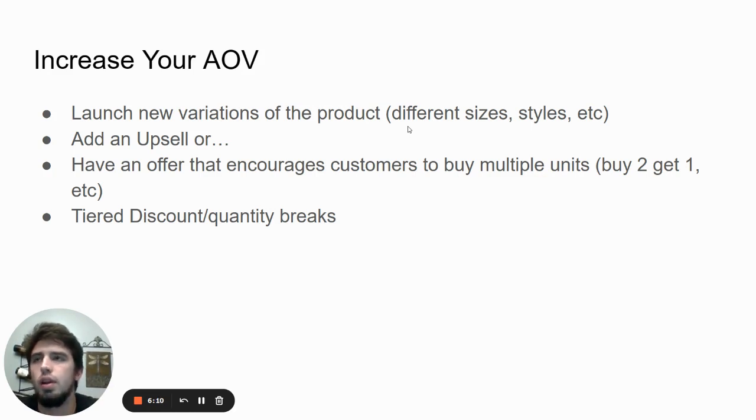And AOV is an area where you can really increase your margins, because when customers are buying more units at once, you're not having to pay for shipping twice on the product. You're only having to pay for shipping once if they're buying multiple units. So generally, it's more cost effective to give them a discount and have them order multiple units versus just one unit.